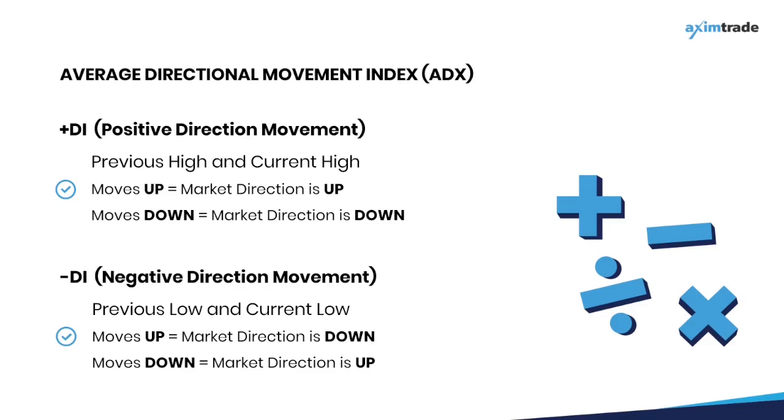Meantime, the negative directional index is the difference between the previous lows and current lows. When the negative DI moves upwards, it means the market is in downtrend, and when the negative DI moves downwards, it means the market is in uptrend.